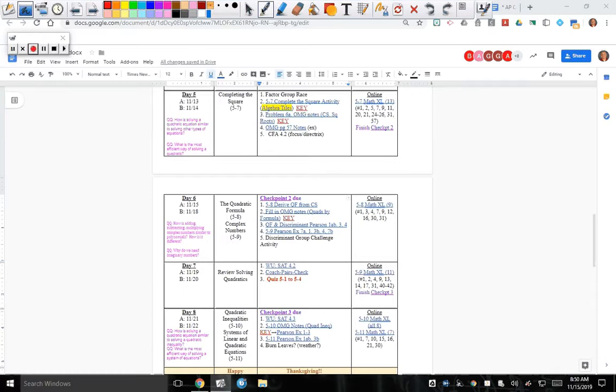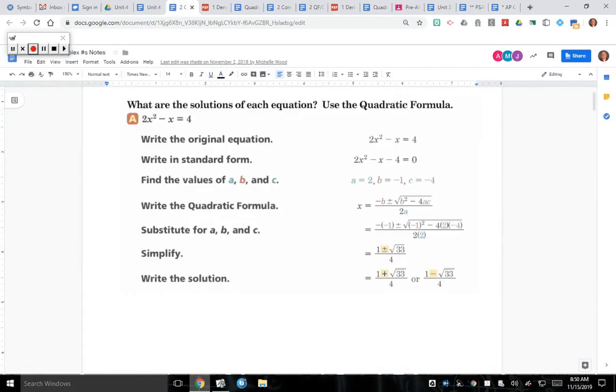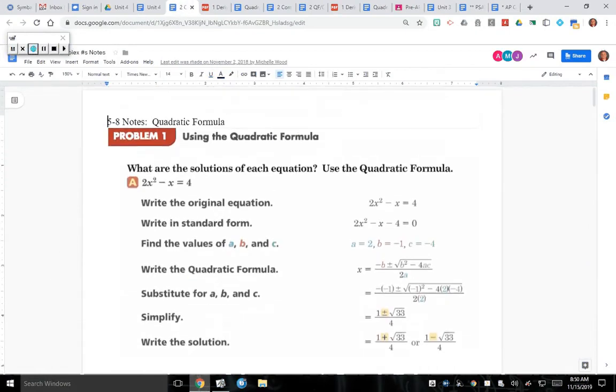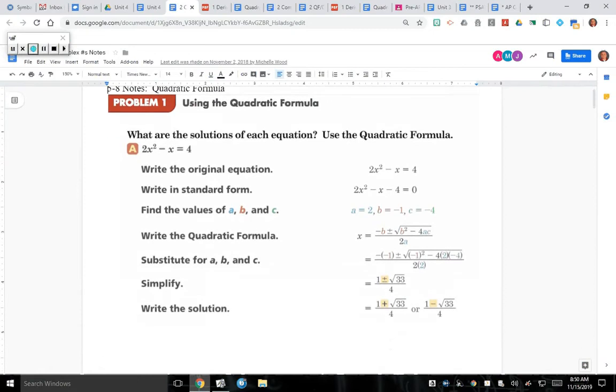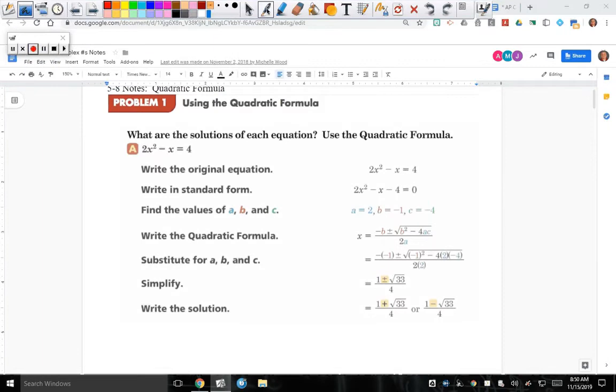The discriminant test is looking at, whoops, go back. First of all, let's do, it's still discriminant, but we're going to look at some quadratic formula stuff for warm-up practice.